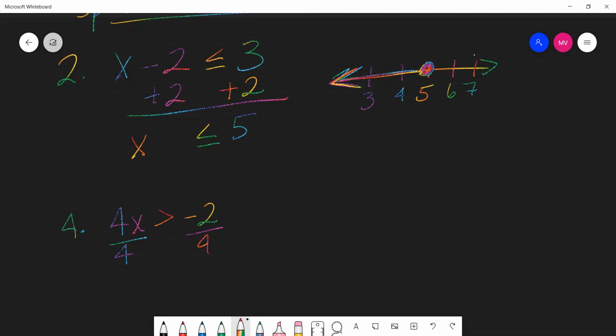Okay, so x must be greater than what? Negative 2/4, which simplifies to what? Yep.